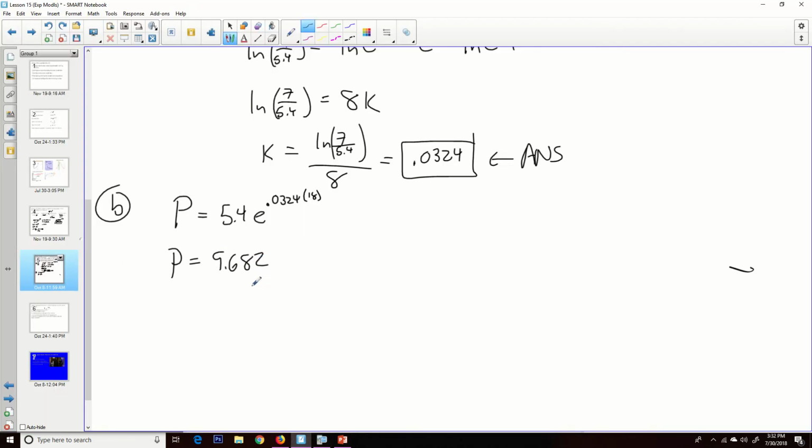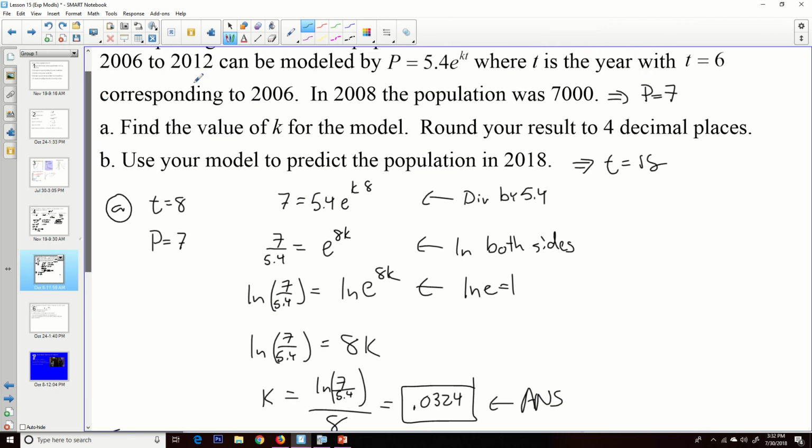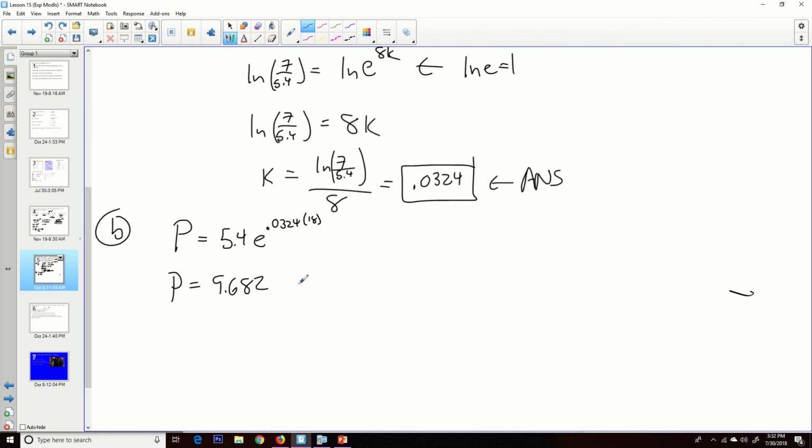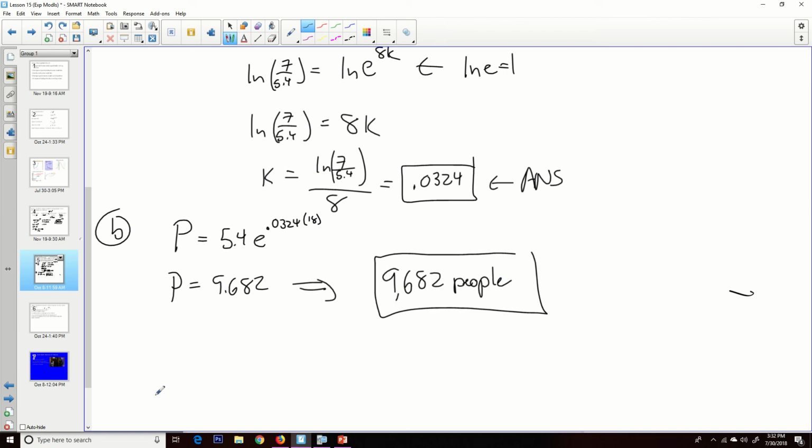Now remember, this isn't our final answer, because P is given in thousands. So our final answer is 9,682 people for that one. And let's make sure we do that correctly.